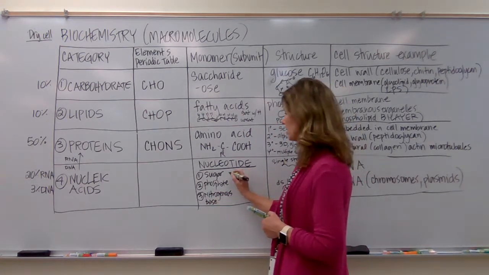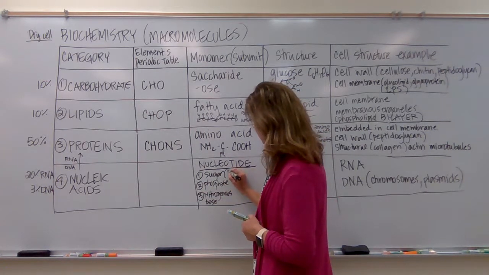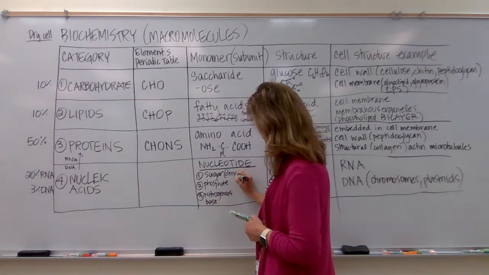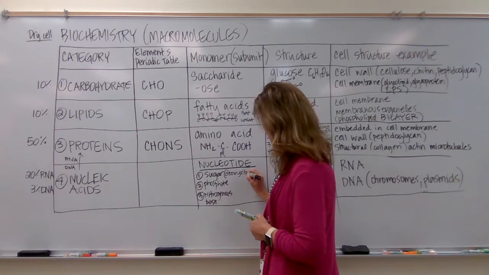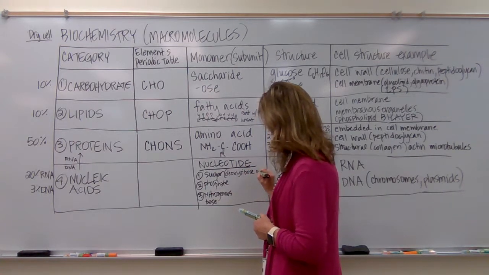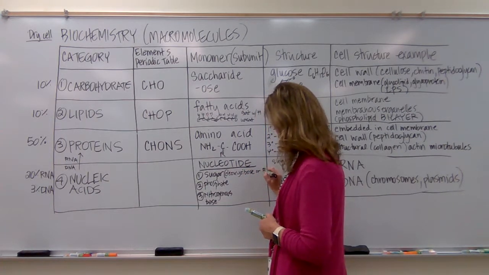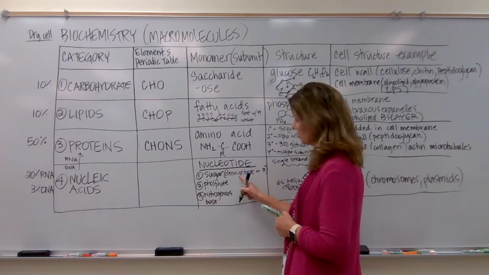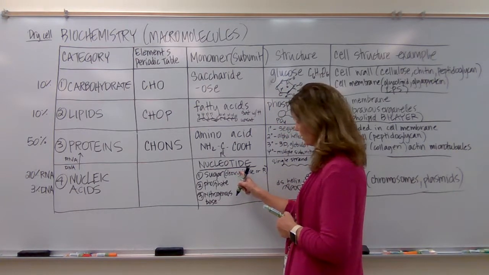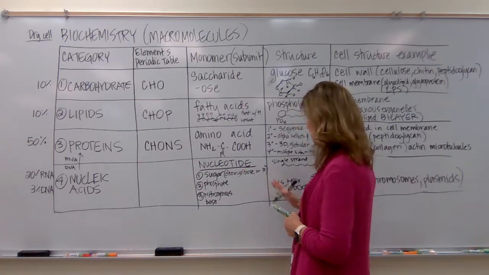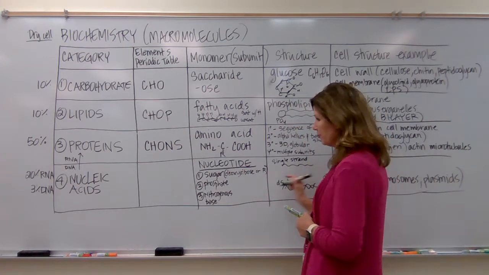All right, so the sugar is either going to be deoxyribose, or just the ribose. So it still has the OH group. So ribose or deoxyribose, depending on if you're talking about RNA or DNA.